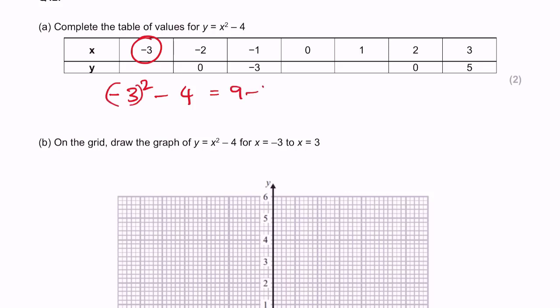So 9 take away 4 is 5, so the first value is 5. 0 squared take away 4 is minus 4, and then 1 squared take away 4 is 1 take away 4, which is minus 3. Minus 3 here. Got the values here.